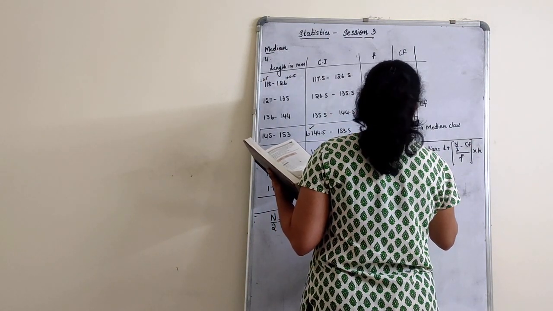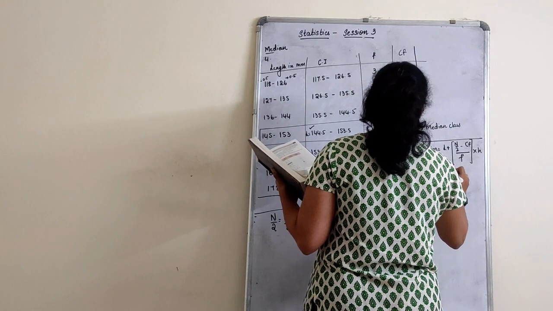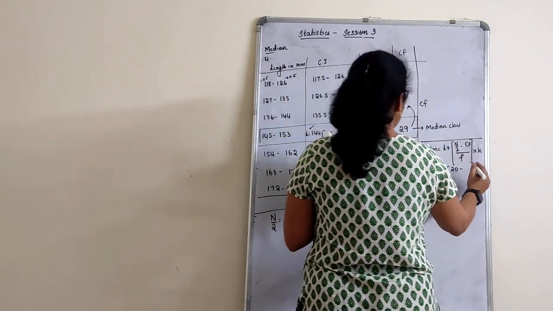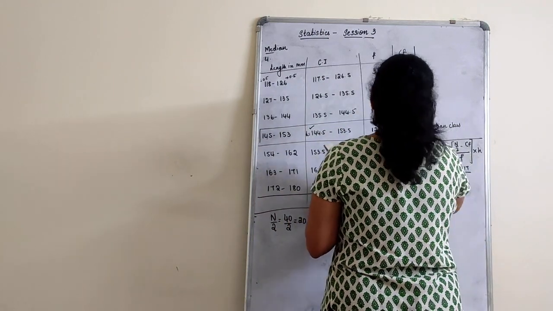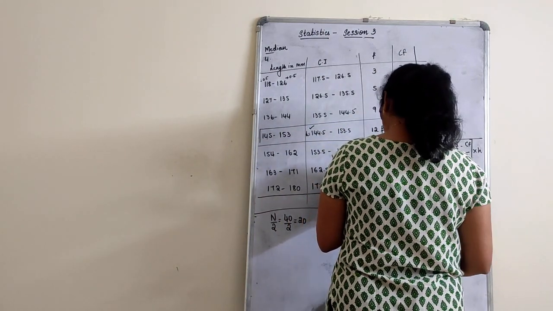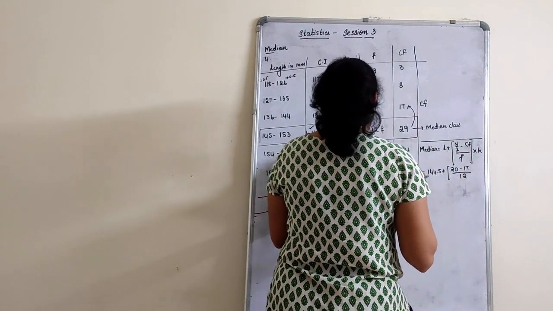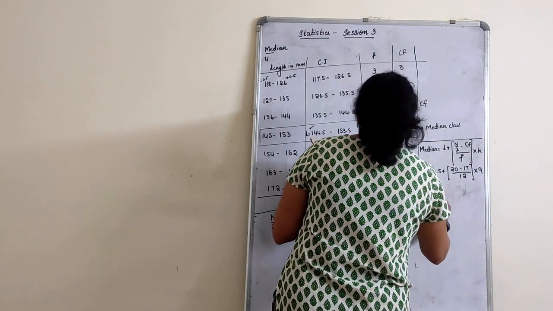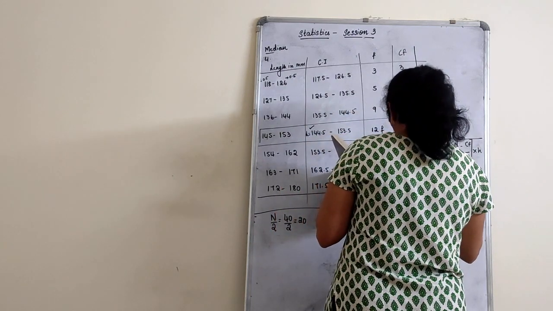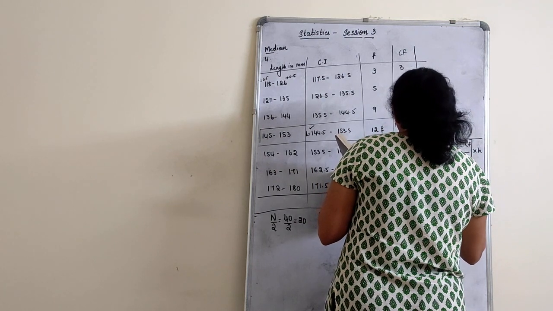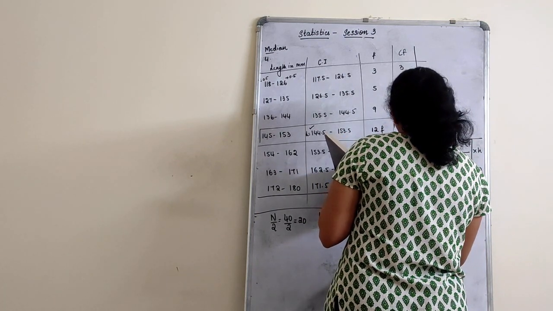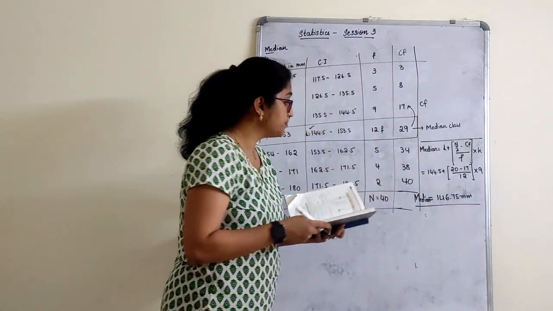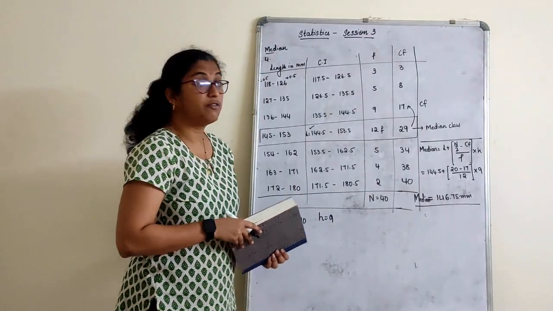So 144.5 plus N by 2, which is 20, minus CF 17, divided by 12, into 9. Final answer when you get, that is 146.75 millimeter is your median. This is how you calculate.